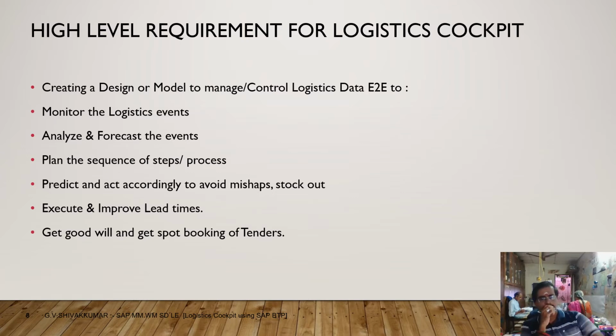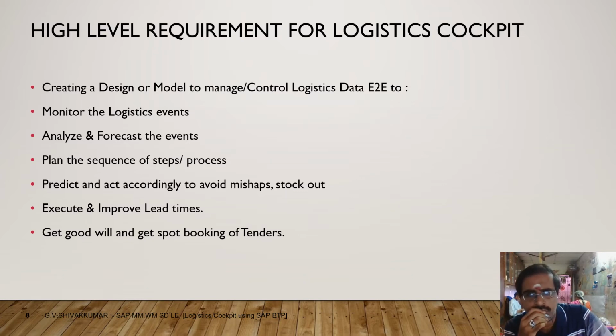So it can get an output from the actual events and thereby apply that feedback to the events taking place currently. So analyze and forecast the events. It can determine, okay, this much will happen here, and these are the analyzed things where we need to take it forward.